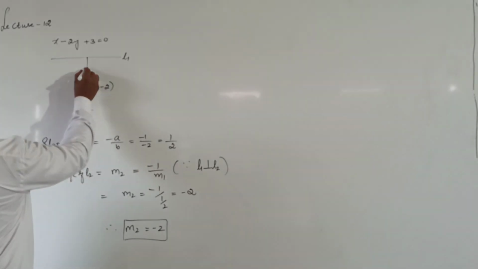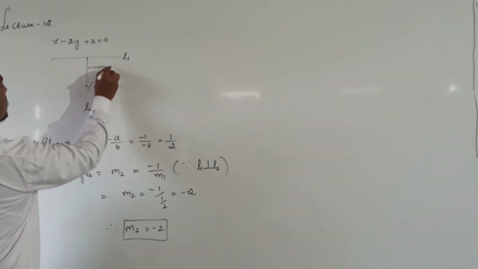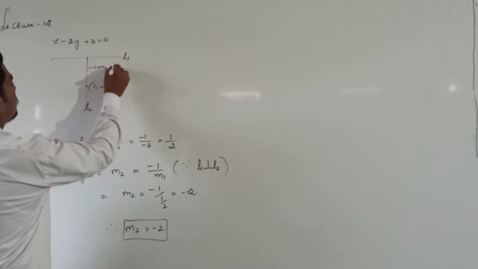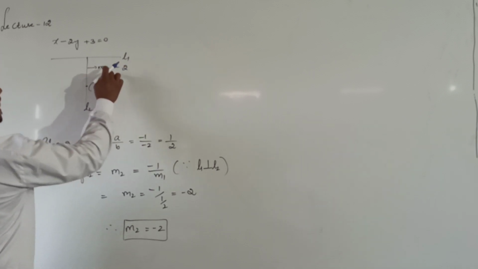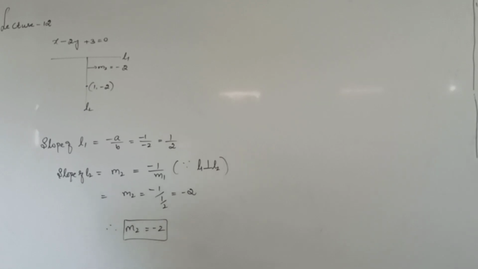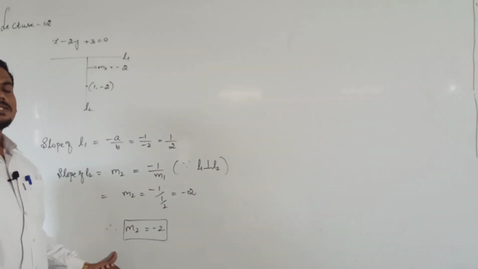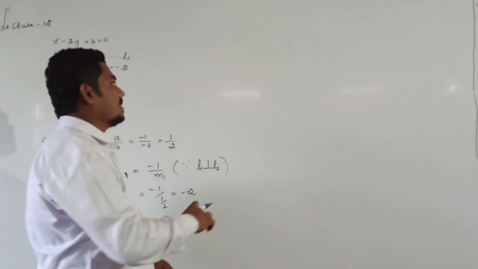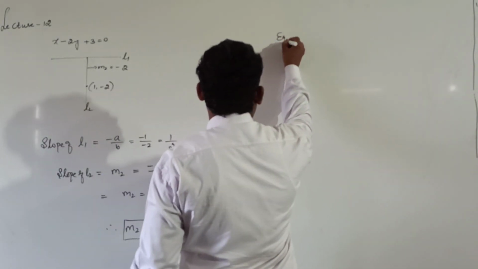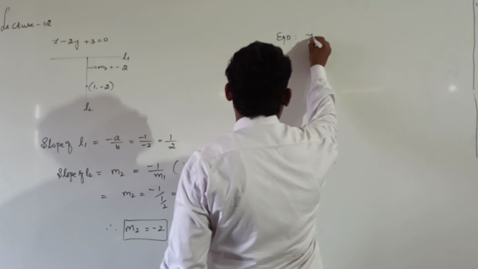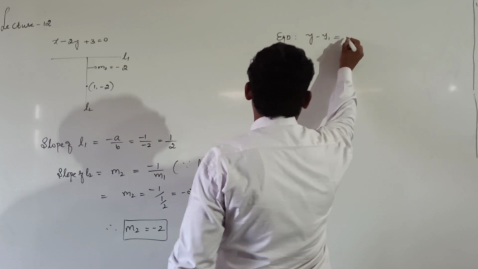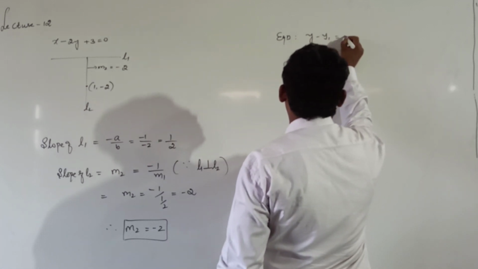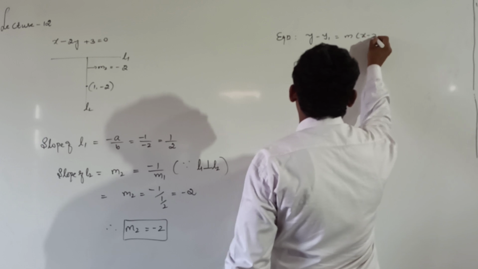Now you get the slope. Already they have given one point, and its slope is m2, m2 is equal to minus 2. Now the slope of the required line is minus 2. Then the equation of line 2, by using the slope point formula, is y minus y1 is equal to m into x minus x1.